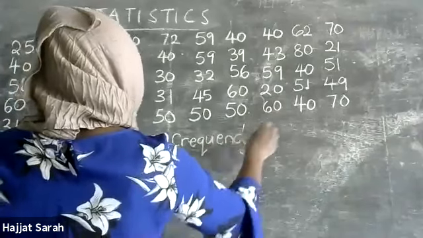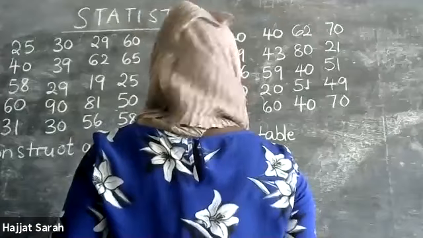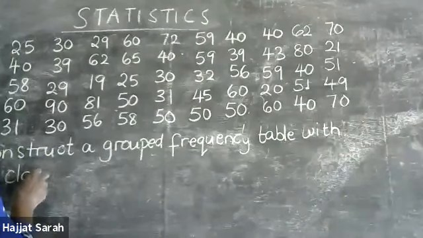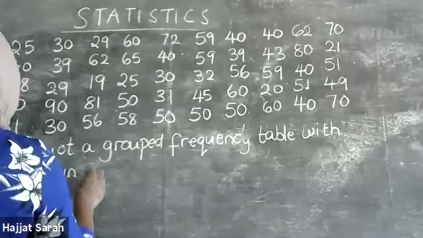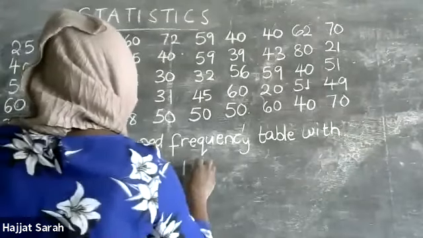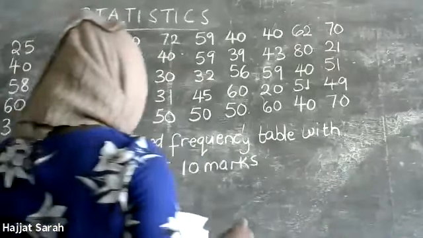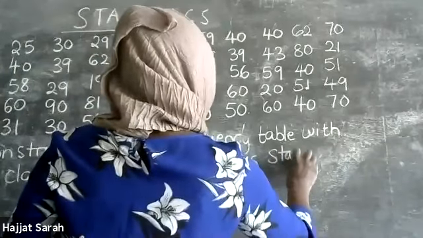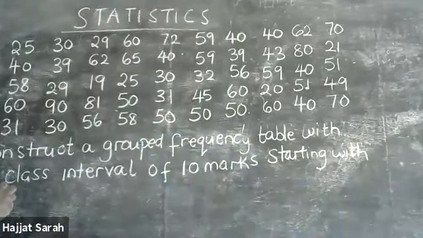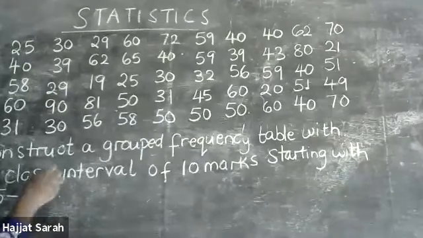Construct a grouped frequency table with a class interval of 10 marks, starting with 15 to 24.